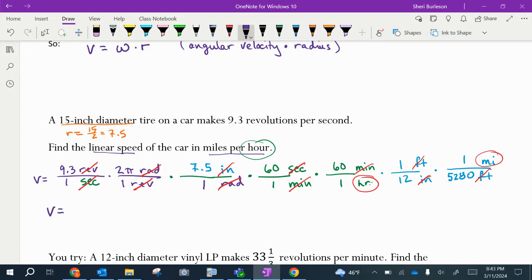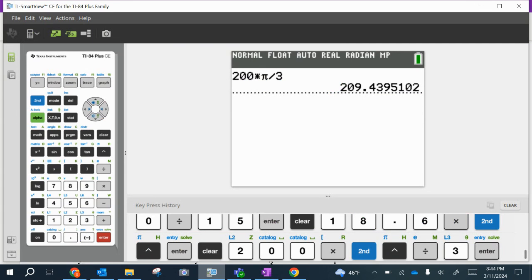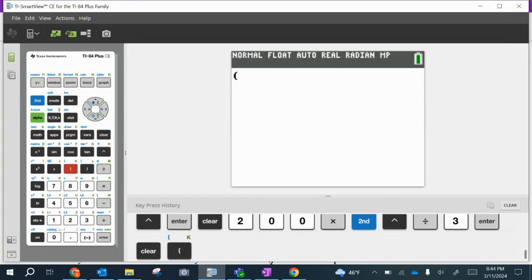So now what I'm going to do is I want the exact. So I am not going to type pi, but I need to remember that it's still part of the answer. So I am going to take 9.3 and I'm going to group my numerator. I'm going to multiply across the top.